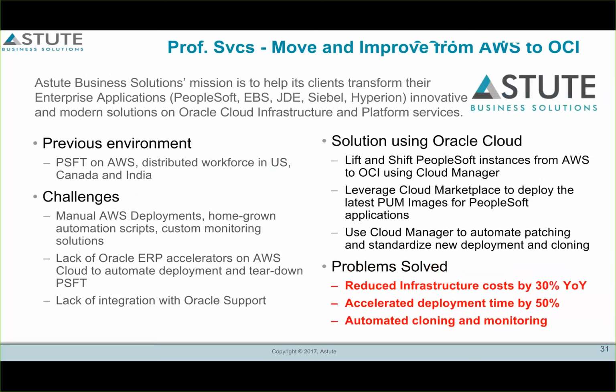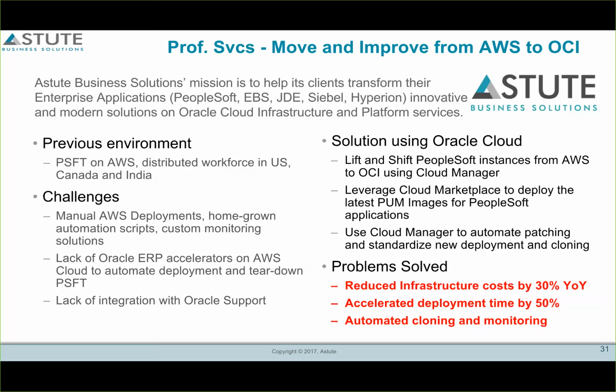Astute Business Solutions, so this is our own case study. I mentioned at the beginning of the presentation that we are an Oracle customer. We had about 30 different PeopleSoft instances for various applications running at different releases, and we worked with Oracle to do a comparison between AWS and Oracle Cloud infrastructure, and over a 3-year term, we have been guaranteed 30% savings year on year compared to what we would be spending otherwise on Amazon.